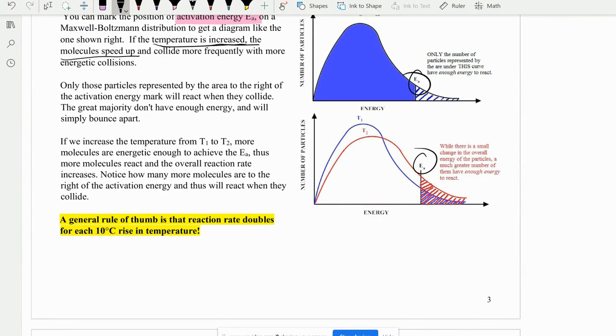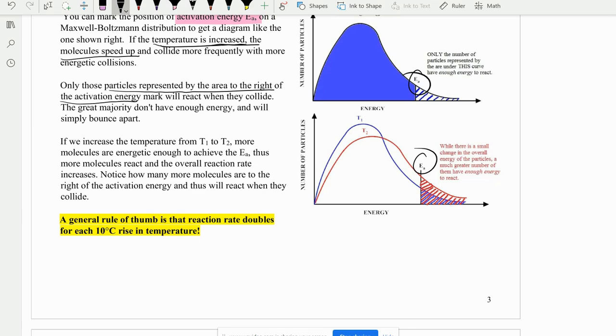So only those particles represented by the area to the right of that activation energy mark are the molecules that are actually reacting and following through to form the products. So you can see that a great majority initially of reactants don't have enough energy to overcome that boundary to proceed to a reaction. And so again, they just simply bounce away from each other.